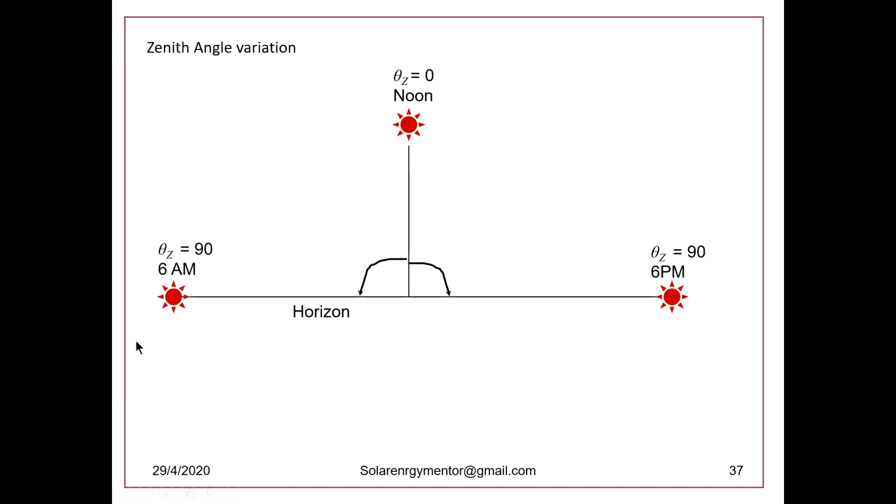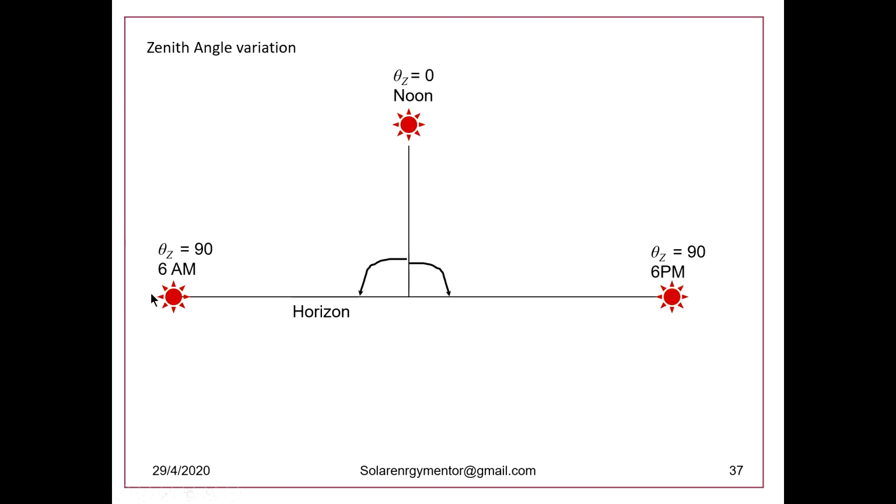So what is the zenith angle variation? At the horizons, say morning 6 o'clock on an average day, theta z is equal to 90. Similar to the hour angle, theta z is equal to 90. As the sun goes up, the zenith angle becomes 0 at noon. And again in the afternoon at 6 p.m., theta z is equal to 90.